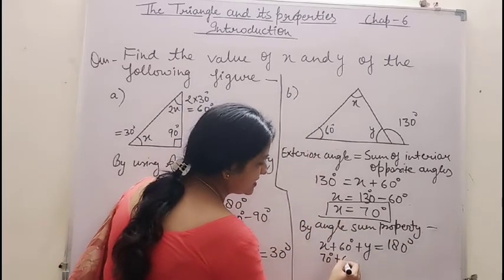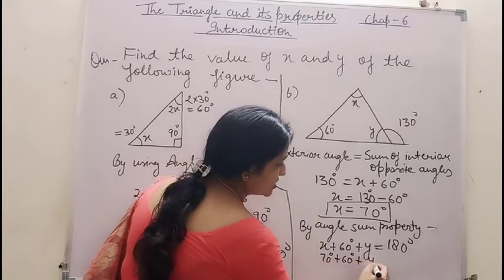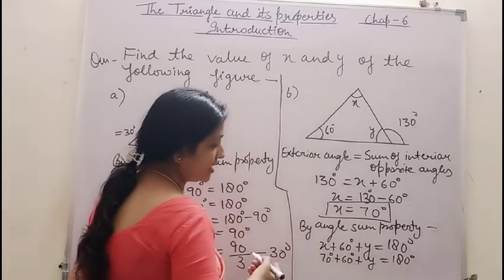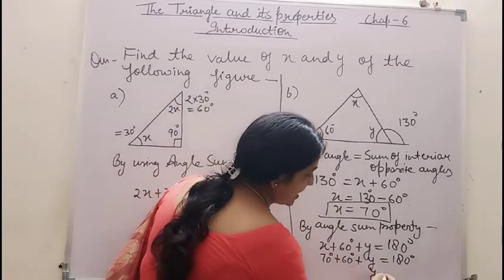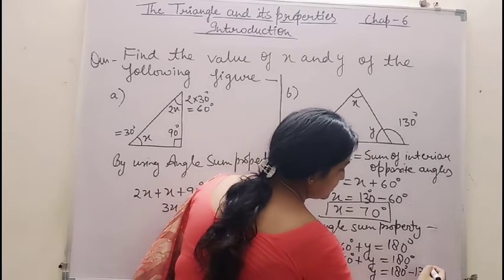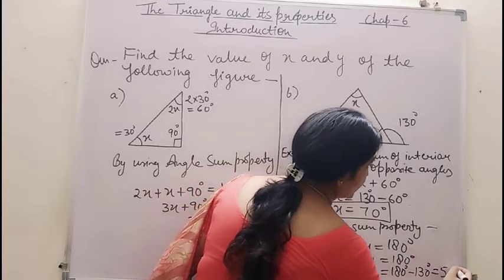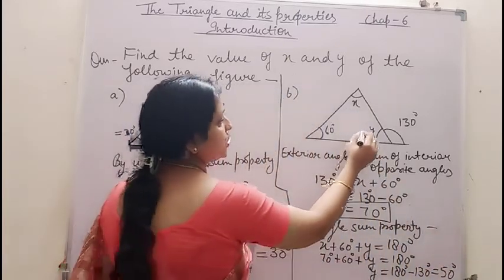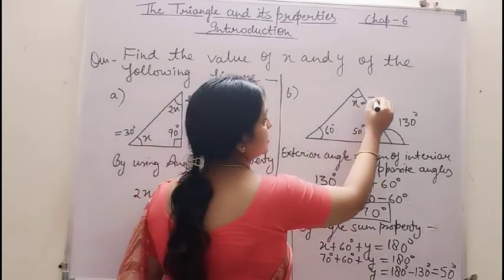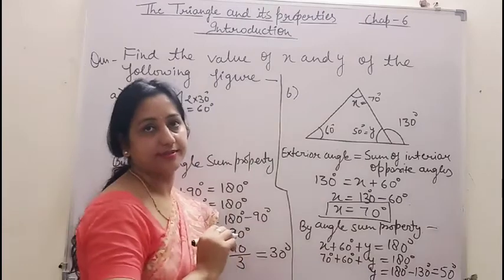So 70 plus 60 degree plus y is equal to 180 degree. 70 plus 60 will become 130. So y is equal to 180 degree minus 130, which is equal to 50 degree. So angle y is equal to 50 degree and angle x is equal to 70 degree.